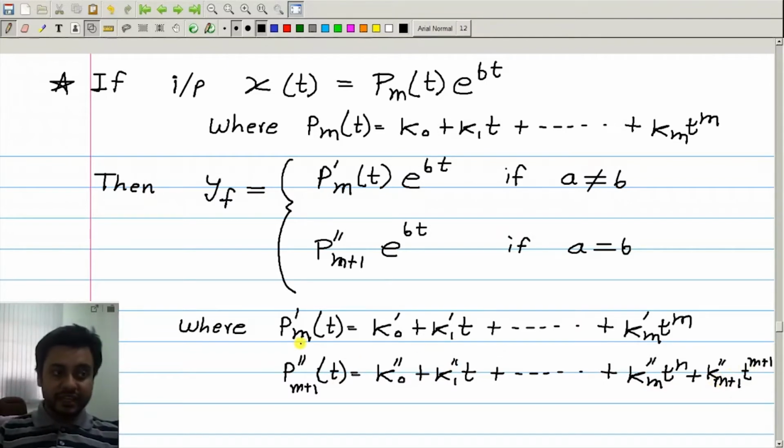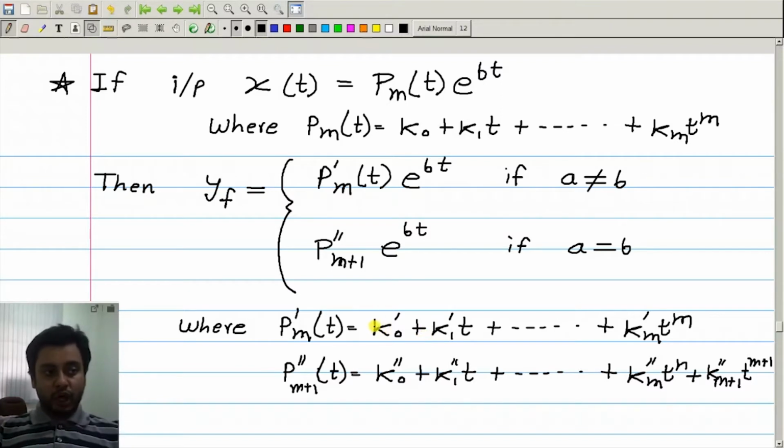However, yesterday we only said that the output, the forced output, will be of this form, but the exact coefficients k0 prime, k1 prime, etc., we did not determine exactly.